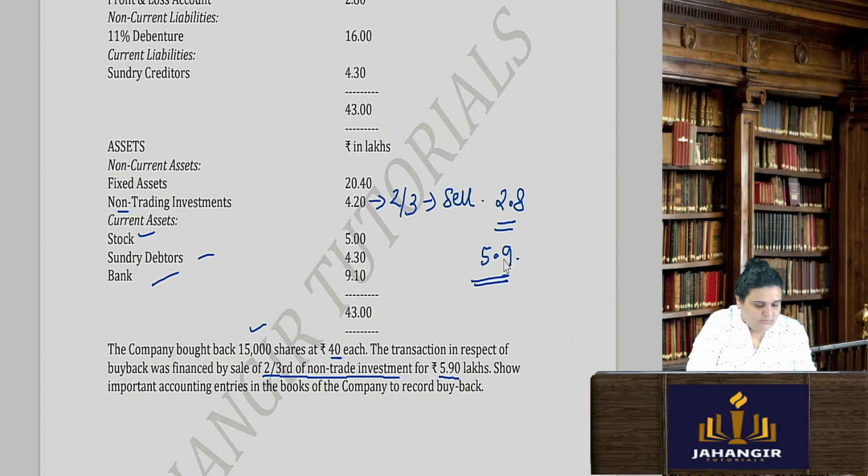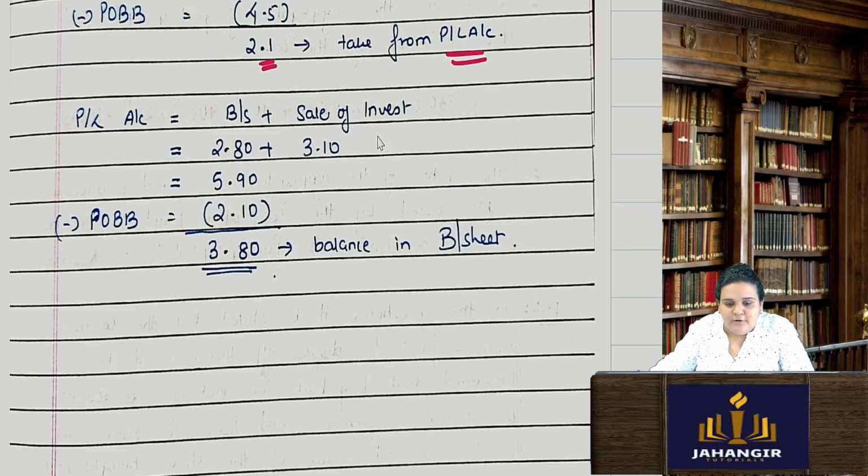So 5.9 minus 2.8 will be 3.1, which will be my profit. You can write it over here if you want to. Sale of investment: 4.2 into 2 upon 3 is nothing but 2.8. Selling price of this investment is 5.9. Therefore, profit is 3.1.